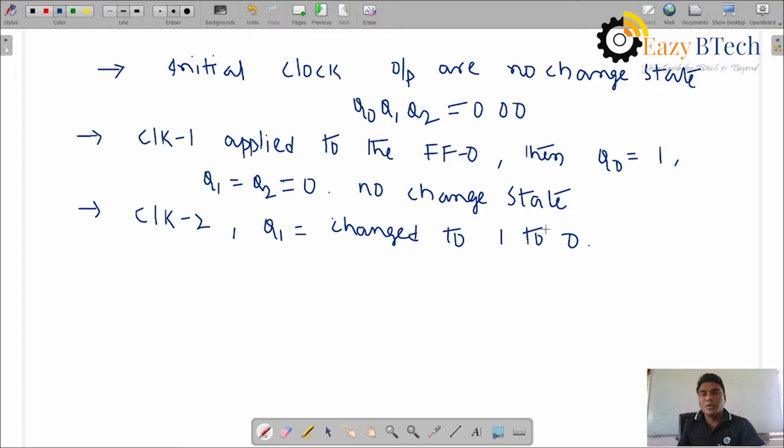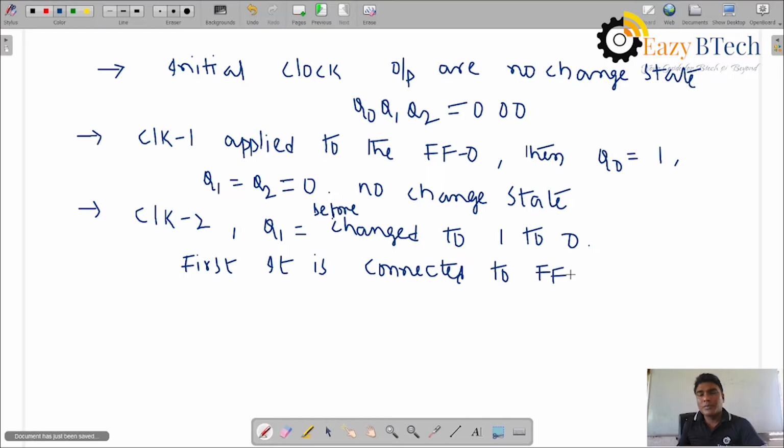Before that, it is connected to flip flop 1, FF1, with Q0 as the clock.